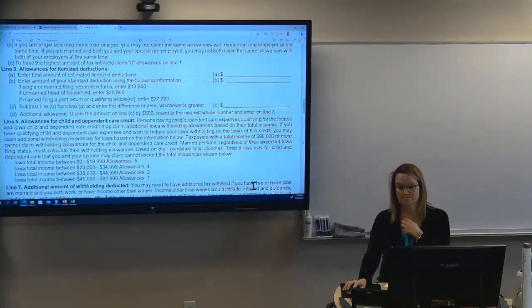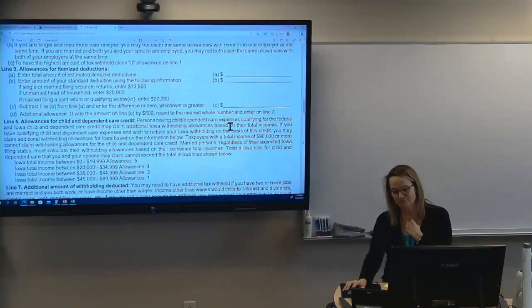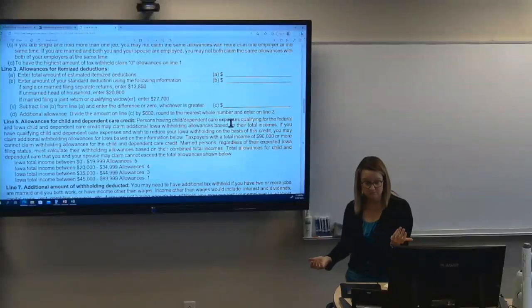Yeah. So is there like a list of itemized items that you can deduct? Well, there is, but you'd probably have to reference the instructions for filing your tax return to get that. Now in Iowa, most of them are the same.